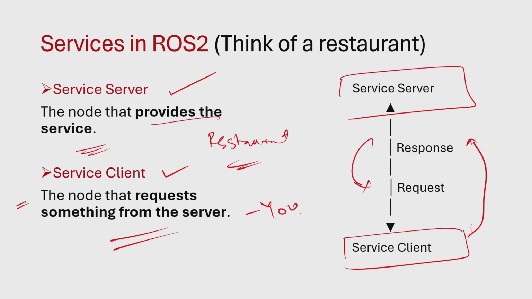So in summary, services and topics are two different things. In topics, we have continuous data flow. In services, when we request something, the service server responds to that. So this is for a particular event. Services in ROS2 are programmed when we talk about some particular event from some simulation or some real-time event.